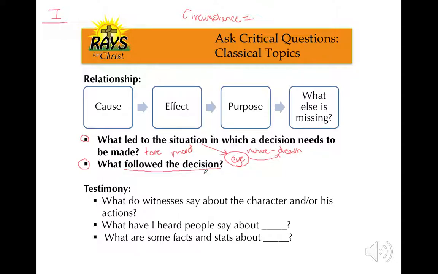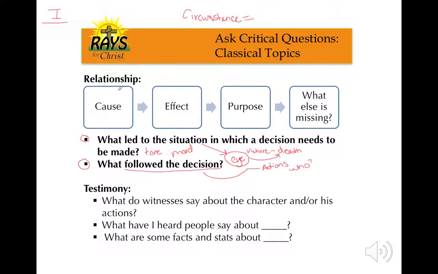And then what followed the decision for him to murder the old man? So, what are the actions that followed? Who else got involved? Who else comes into the scene? We could talk about that. Who comes along? So all of a sudden we're getting a lot of information.